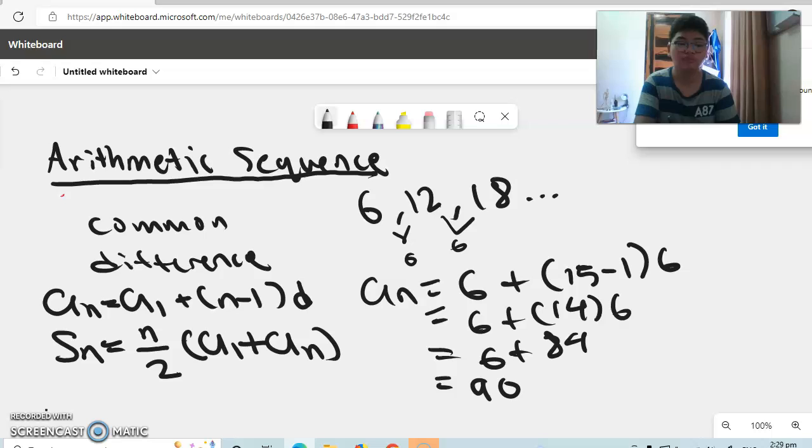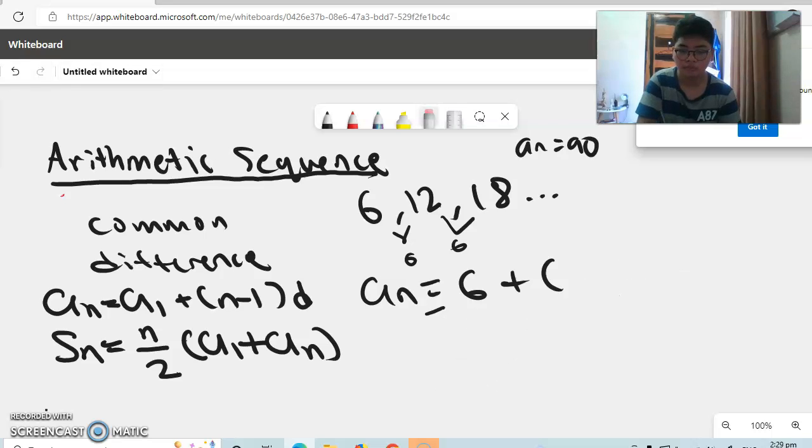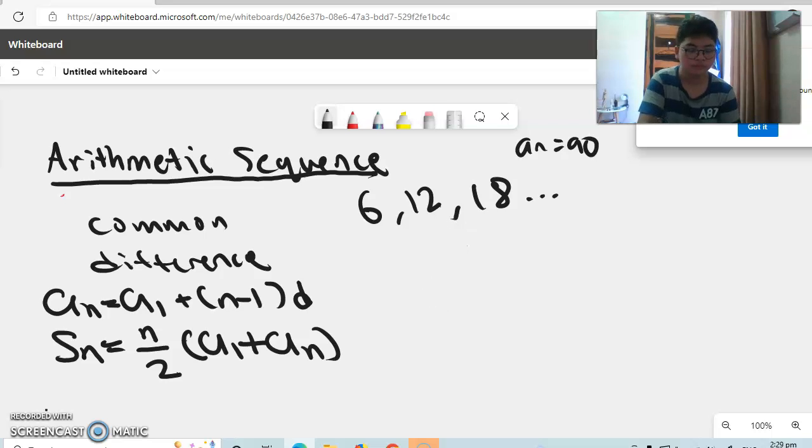Now to solve s sub n. S sub n is equal to n, which is 15, divided by 2, times a sub 1, which is 6, right?